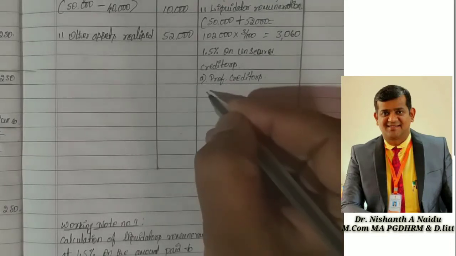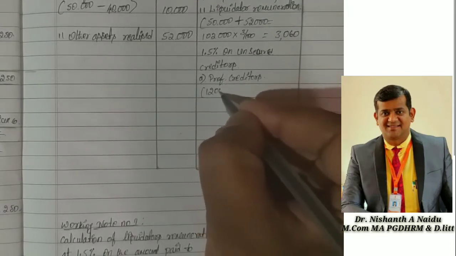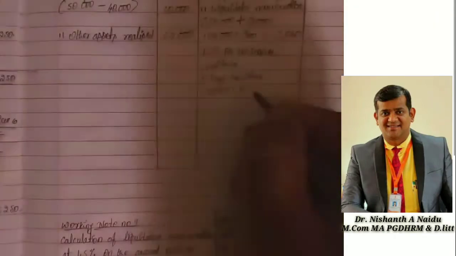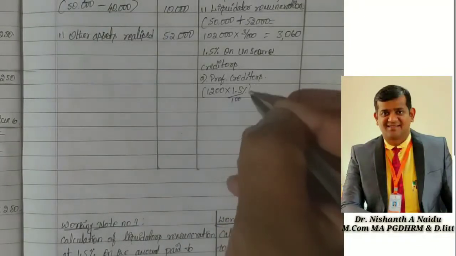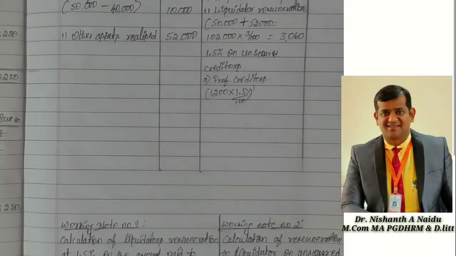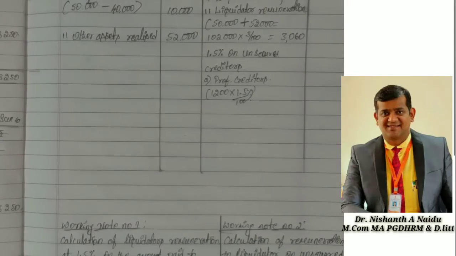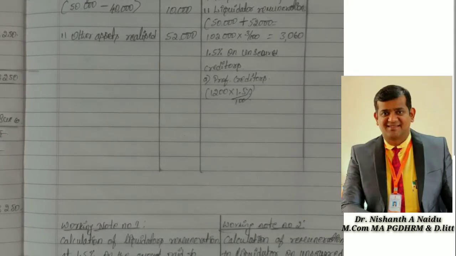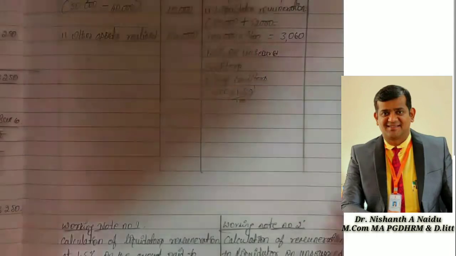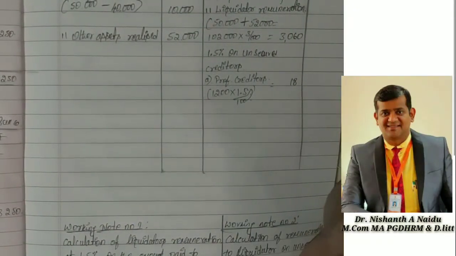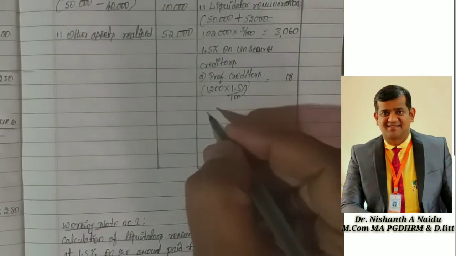I'm calculating one more time. Preferential creditors is 1200. On that 1.5%, so 1.5 divided by 100. If you calculate 1200 into 1.5%, it is 18 rupees. I'm writing 18 rupees. So I understood how we got 18.